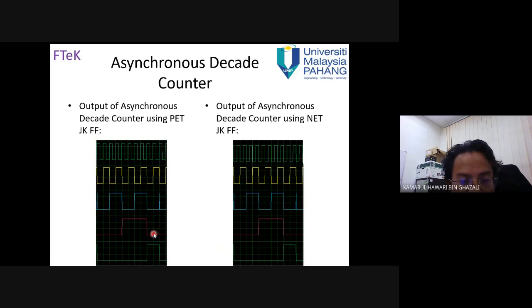Dekat sini ni. Ni 1, 0, 0, 1. 1, 0, 0, 1. Terus dan kemudian dia akan reset to 0. So 1, 0, 0, 1.